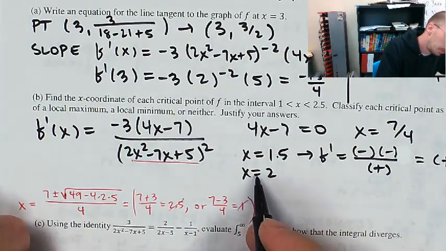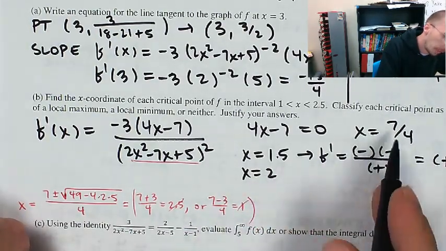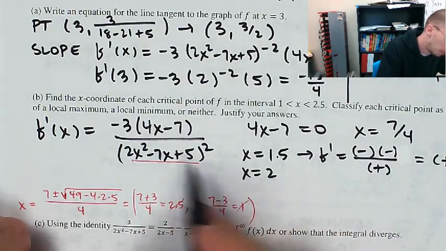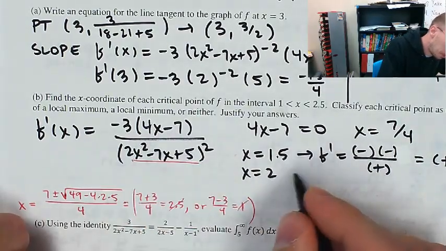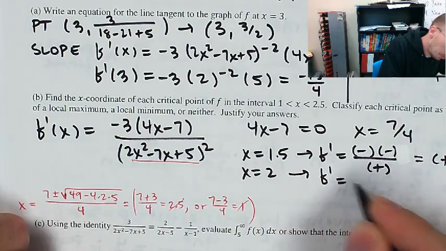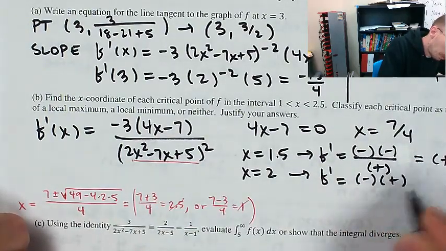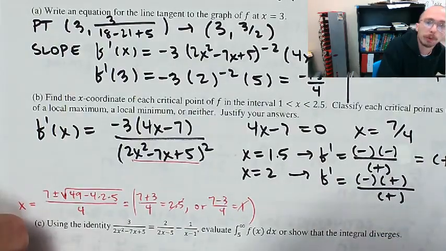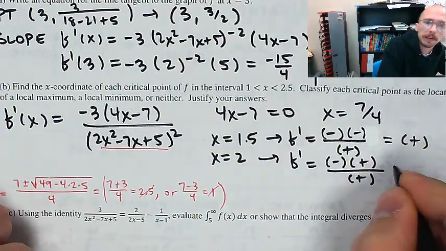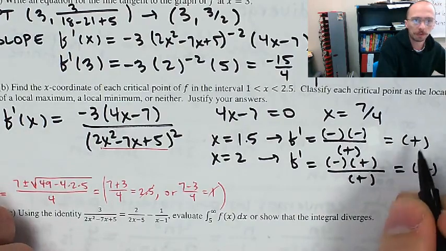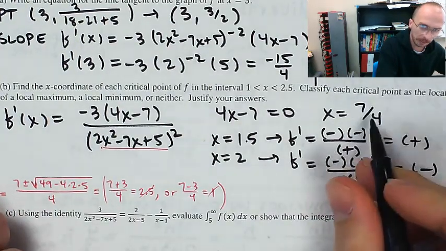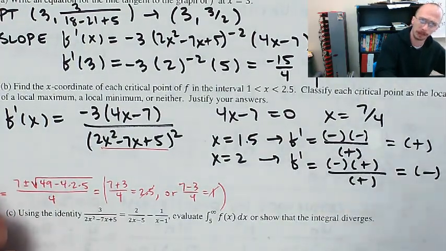Okay, and then when x is equal to 2, on the other side of 7/4, I'm going to plug that in. I'm going to have 8 minus 7, f prime equals a negative number, negative 3, times 8 minus 7 is a positive number divided by a squared number, which is going to be positive, and that is negative. So since the derivative went from positive to negative at x equals 7/4, I know I'm at a maximum.